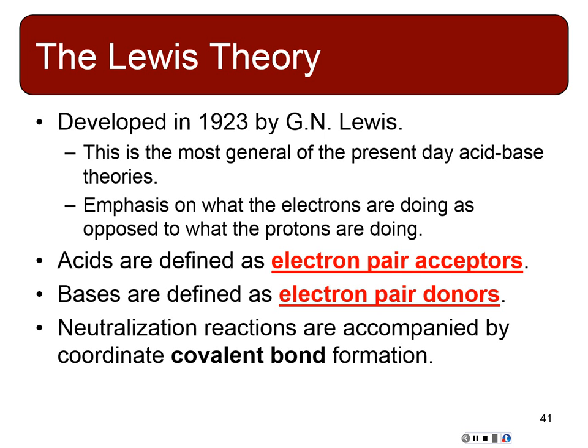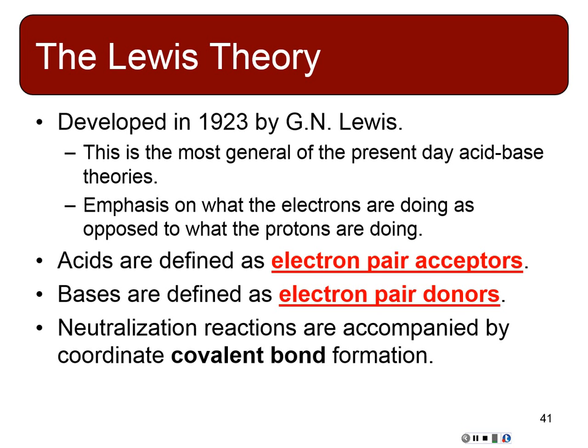So let's write this out. A Lewis acid, I'm just going to say LA, is an electron acceptor, and a Lewis base is an electron donor. If our Lewis base is an electron donor, it's got to have some electrons to donate.